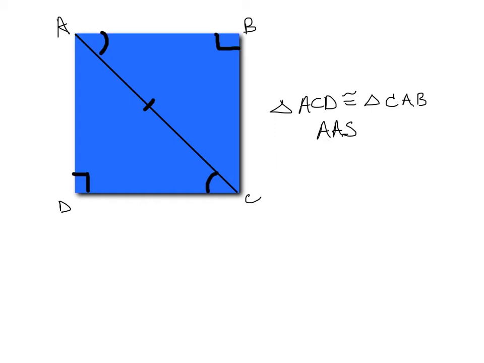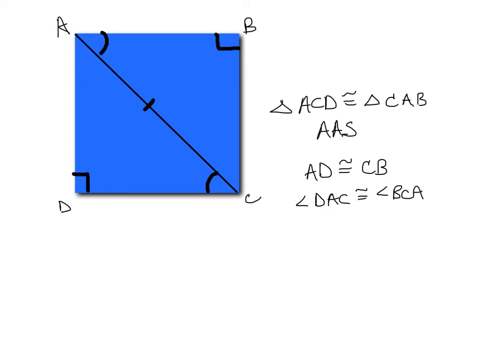So I could say, for example, let's see here. Side AD is congruent to side CB. Or I could say angle DAC is congruent to angle BCA.